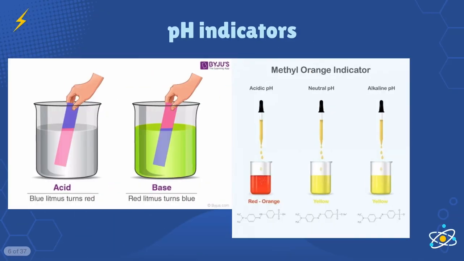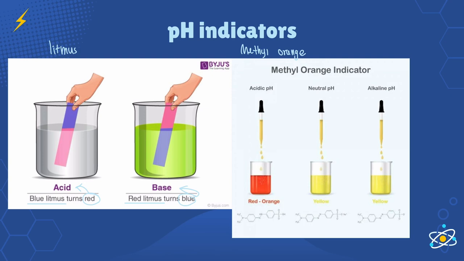Here are two other indicators that we also use. The first one is litmus, and the second one is methyl orange. So, the litmus, there's two types of litmus here. There's blue litmus and red litmus. The difference between the two is that blue litmus turns red in acidic conditions, while red litmus turns blue in basic conditions.